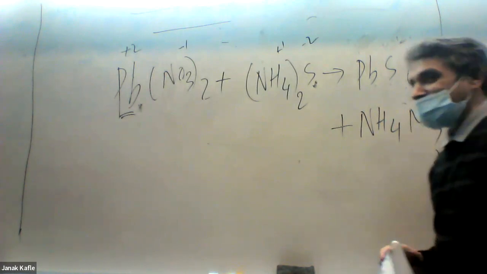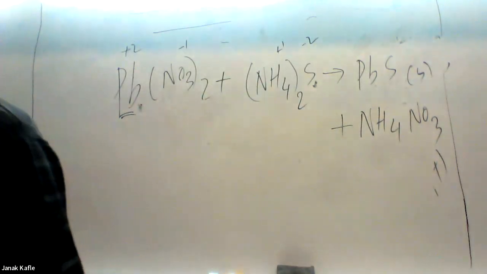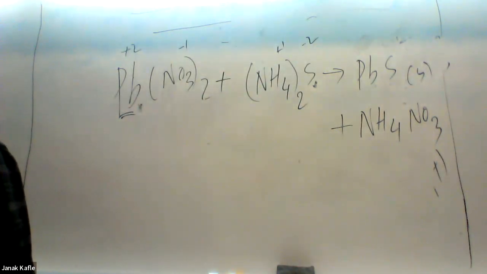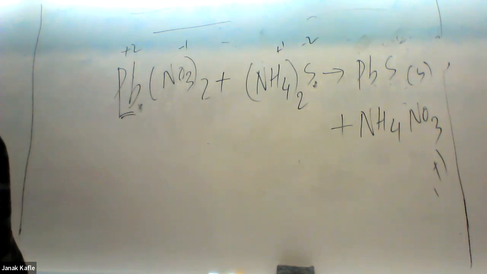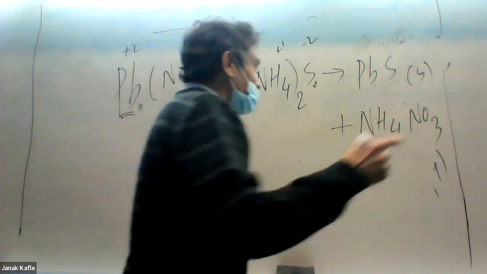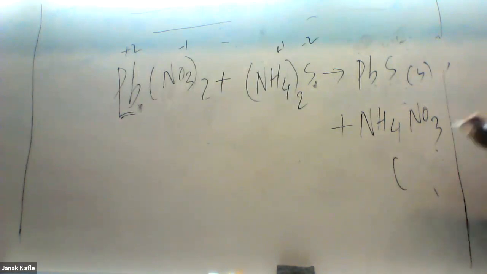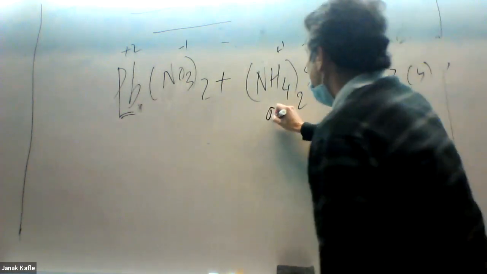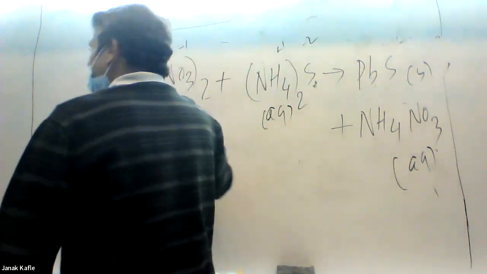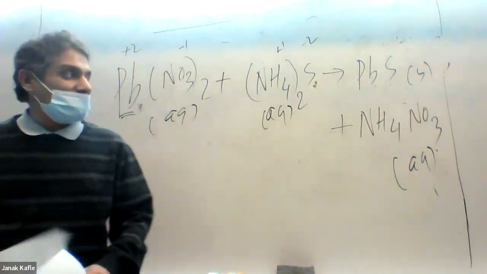But this guy, ammonium nitrate, you can find ammonium here and nitrate right here. Go down here and come to nitrate. This box is a green box, it's soluble, so ammonium nitrate we are going to write as (aq). All others are (aq). Everybody got that?